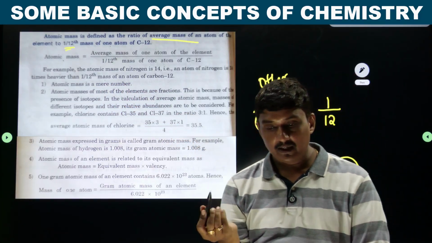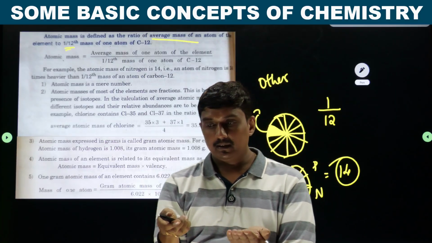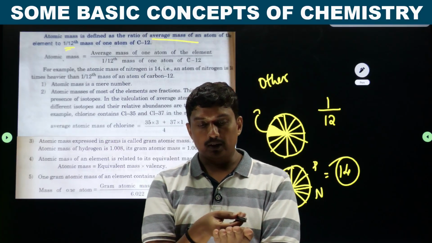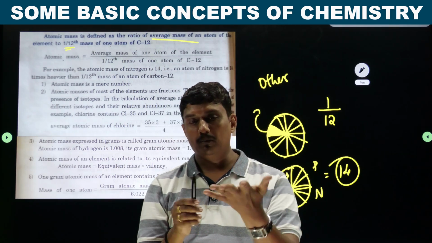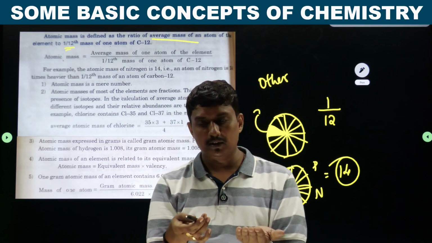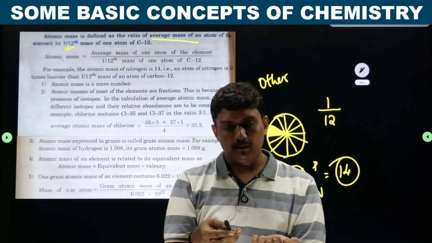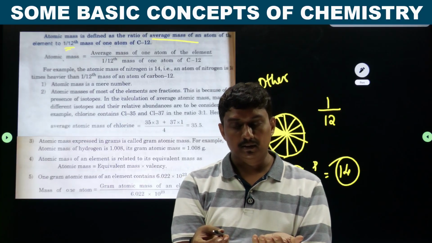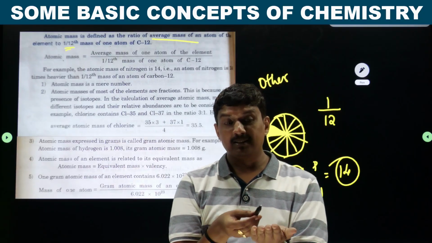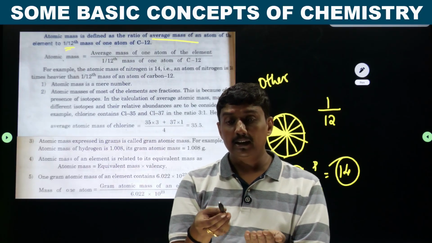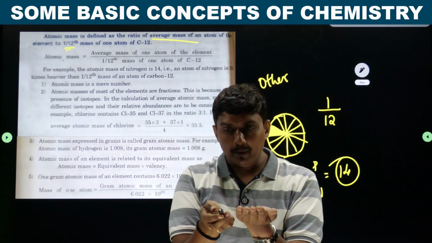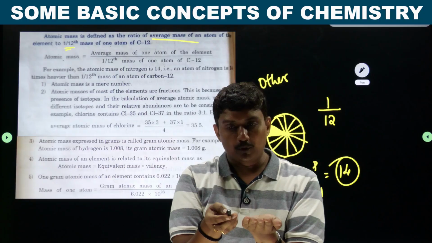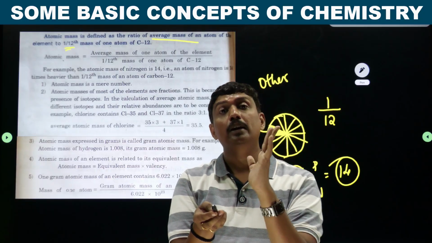It is just like comparing this with the other. You know the mass of this. If I ask you what is the mass of the palm, with 1, 2, 3, 4, 5 parts, approximately it is 10. It is 5 times heavier than this pencil or pen, 6 times heavier, 10 times heavier. So you are comparing the mass of the unknown with the mass of the known, hence it is relative mass.